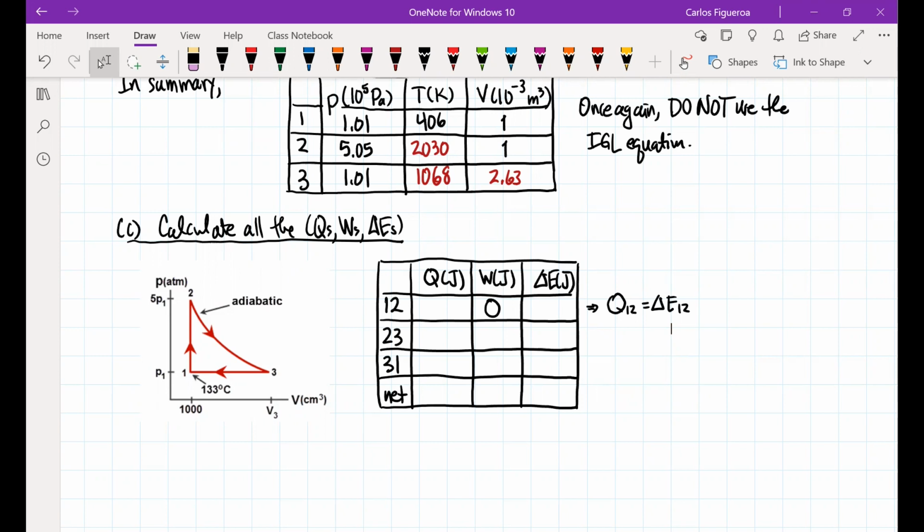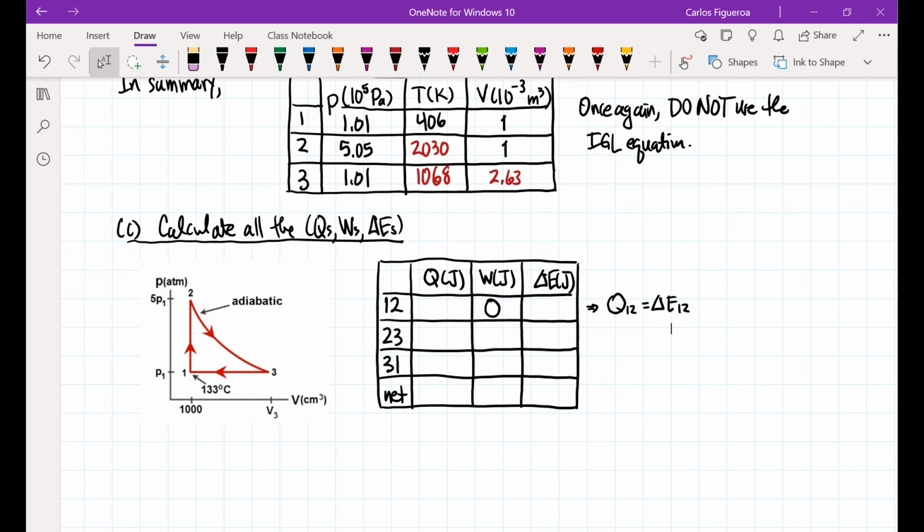So do not calculate both, but use the first law. If I calculate the internal energy, then I use the first law to calculate the heating here.